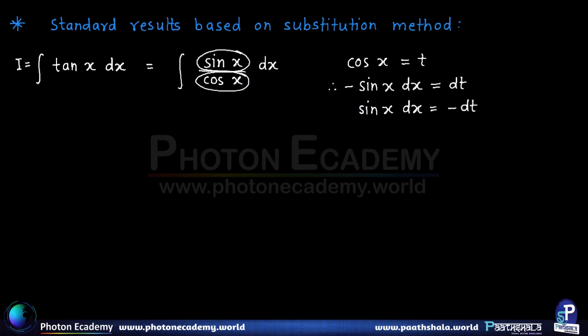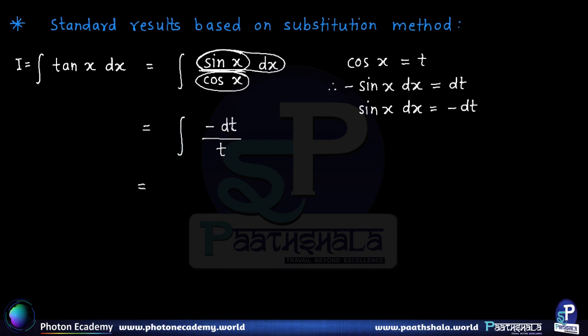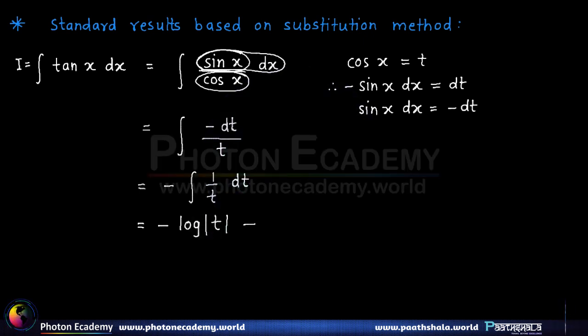Therefore our integral becomes: the sin x dx we replace with minus dt, whole upon cos x, which is t. The minus sign will come out and we have to integrate 1 upon t. We know that the integral of 1 upon t is, strictly, log of mod of t plus c.